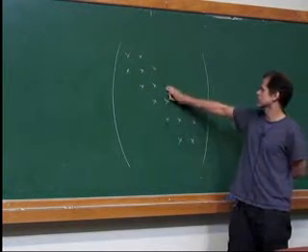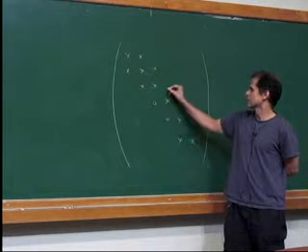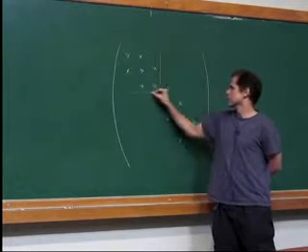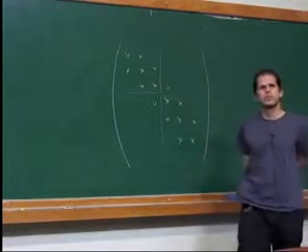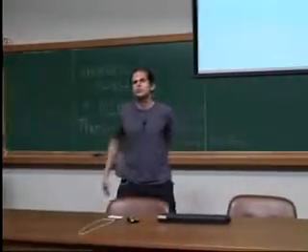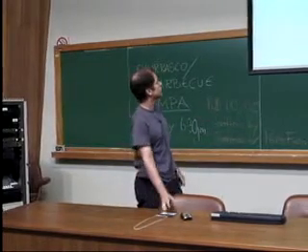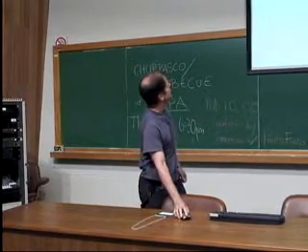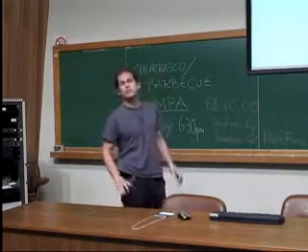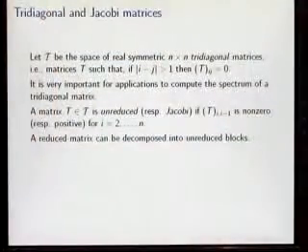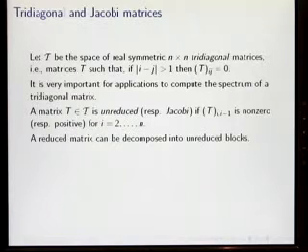So reduced, in other words, means that your matrix reduces, as the name suggests, to a direct sum of two smaller matrices. So if you're interested in computing eigenvalues, if you see something reduced, what do you do? You immediately decompose it into unreduced blocks, and you proceed from there. So smaller matrices should be an easier problem.